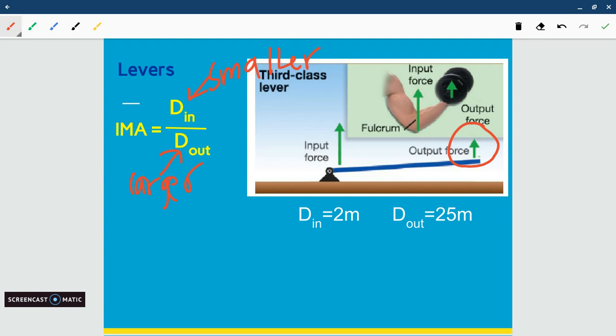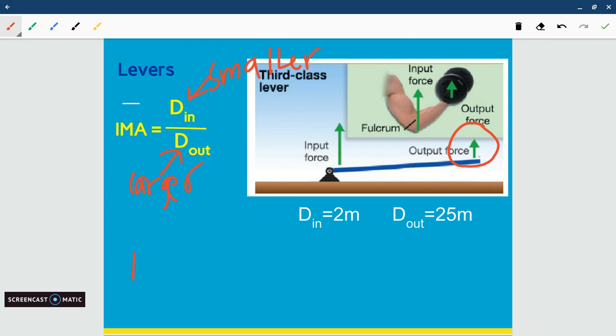That might seem odd, but think about the types of levers that are third class: sporting equipment like hockey sticks, bats, lacrosse sticks, tennis rackets, and things used for cleaning, like mops, brooms, and rakes. The reason you'd want to use a third class lever is that, yes, it makes my force smaller, but the trade-off is that the distance is longer. When you're using a broom, my hands move a shorter distance than the pile of dirt that I am moving. That is where the advantage comes with a mechanical advantage of less than 1.